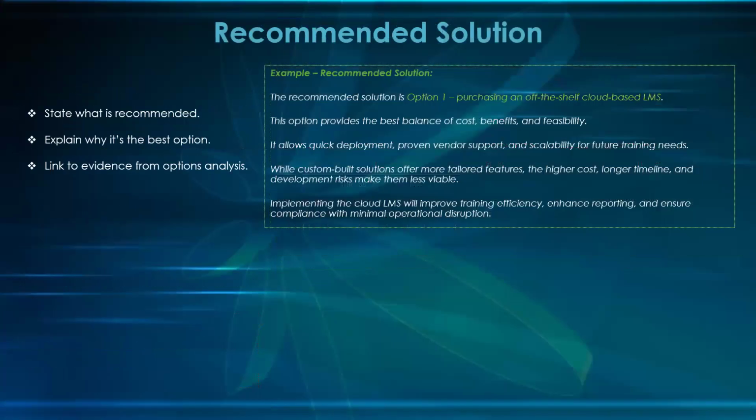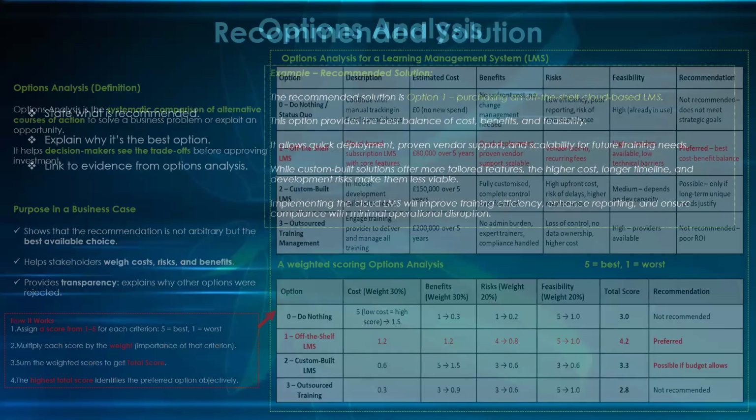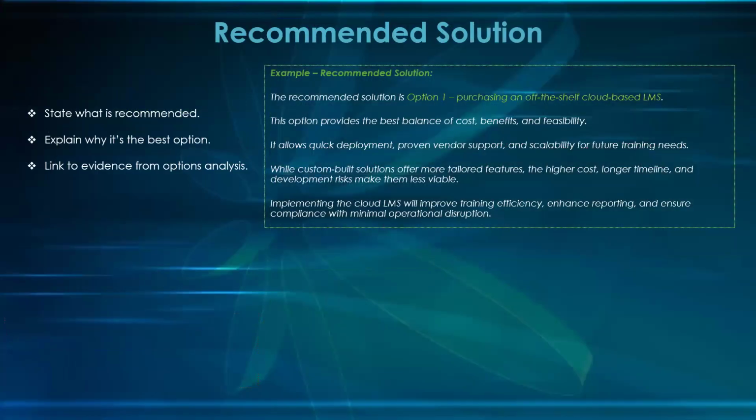So again, talk about recommendation. The reason we have this breakdown here is so that we have evidence of how we arrived at our recommendation. Does it make sense now? So the question now is, what is a recommendation? A recommendation will simply state what the recommendation is.